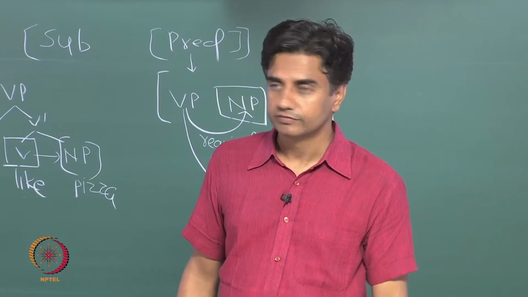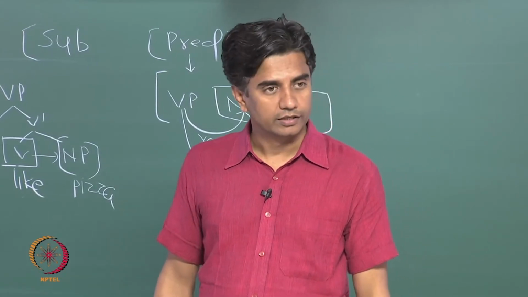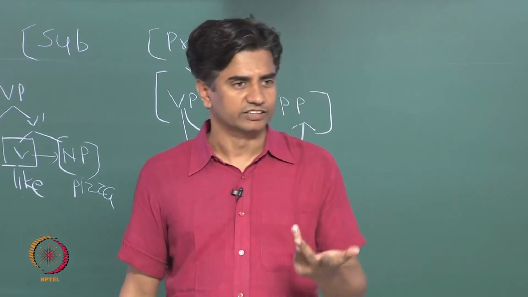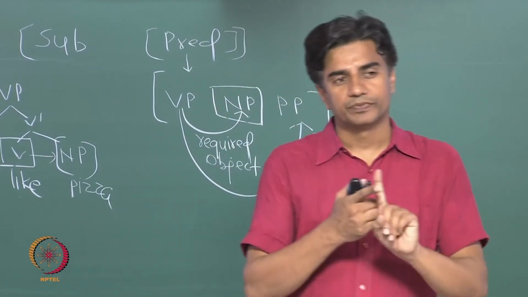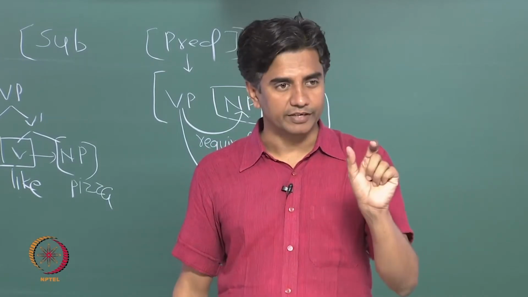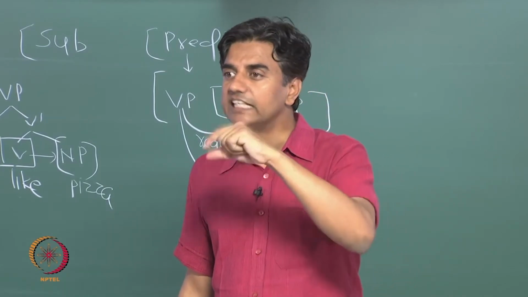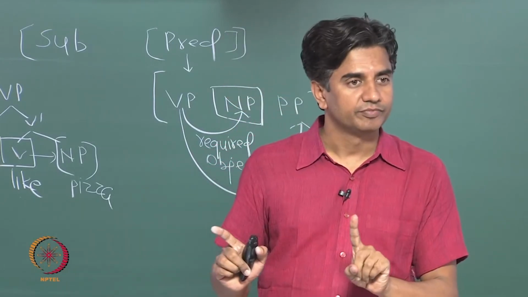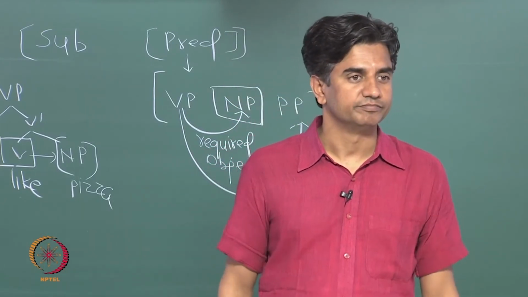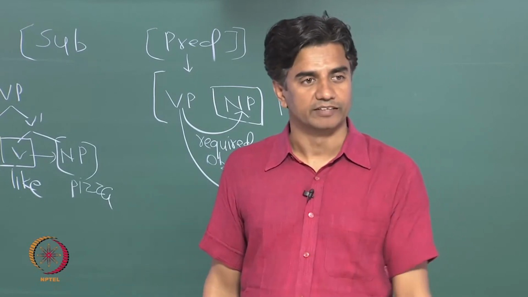Conjunction, right? We can say conjunction, but it's more than conjunction. You see, conjunction is an element which is needed. For example, if I want to say John and Mary, I cannot say John Mary. I need to say John and Mary.